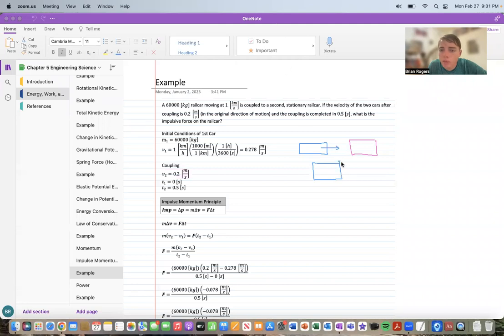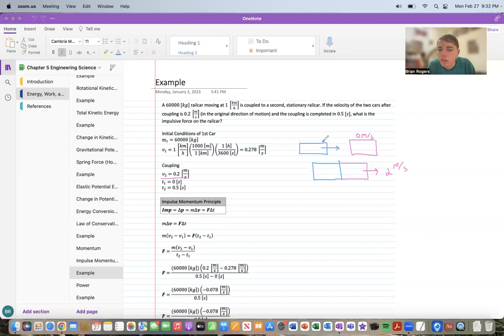Then they're both going to be moving at a specific velocity. Once they are coupled together, the velocity is 0.2 meters per second. Initially, the second mass had 0 meters per second. It wasn't moving, but the first car was moving with a velocity of 0.278 meters per second.